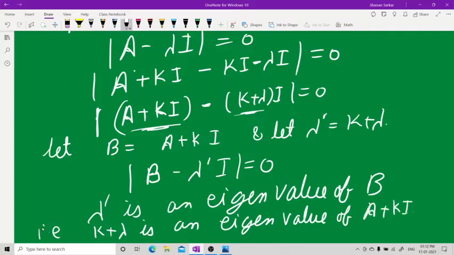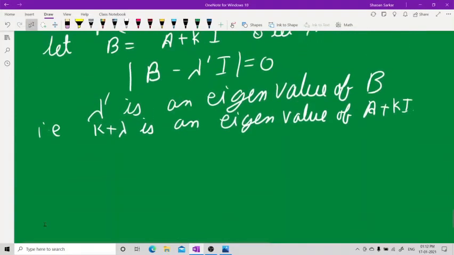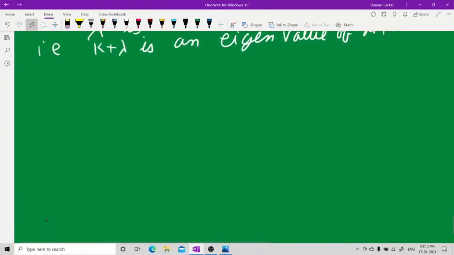Now two more points to note. This is property 8 and 9. Let me do property number 9.